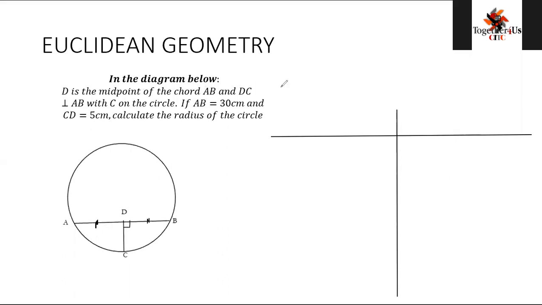Euclidean geometry is usually your last questions, 3-4 questions in the exam paper. And they will even give an instruction that you must give reasons for your answers for questions 8, 9, 10 or so. All right. So I always suggest you have a T table. On one side, you're going to have a statement, and on the other side, you're going to have your reason or reasons. So, right now, what we've got to do here is some construction.